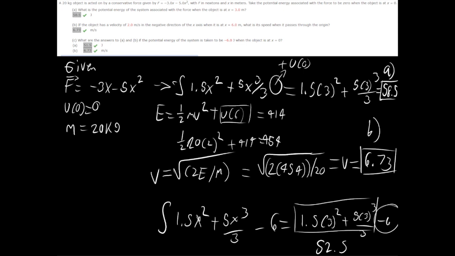Let me look at my notes. This isn't making sense. Well, let's see, maybe 1.5 times 3 squared plus 5 to the third over 3, and then this minus 6. No, that's still 52.5.